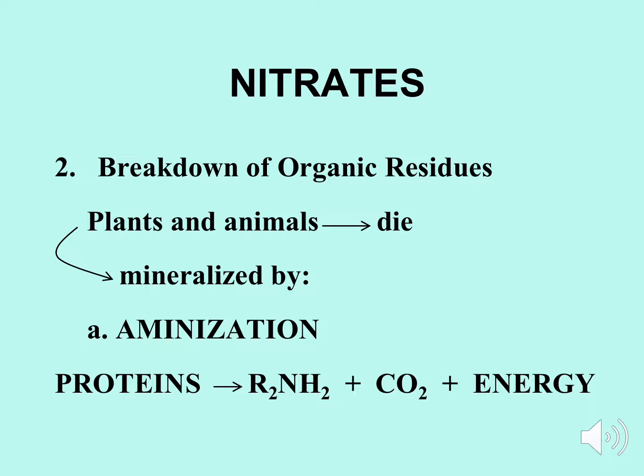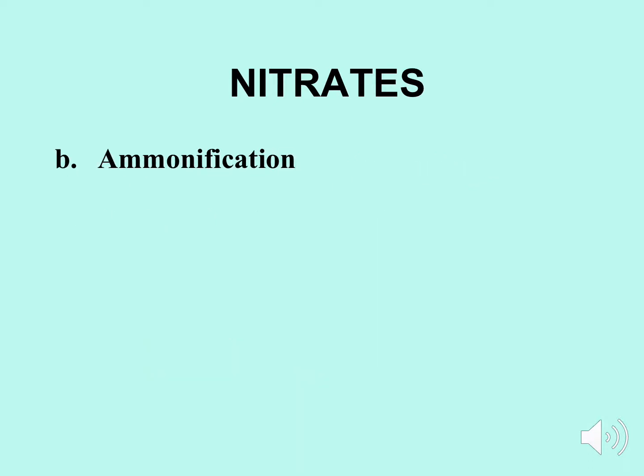Byproducts are carbon dioxide and energy. So our dead plant and animal materials are broken down from long chain carbon molecules to short chain molecules. That's aminization. And in the second step of the process, those short chain molecules undergo a process called ammonification.